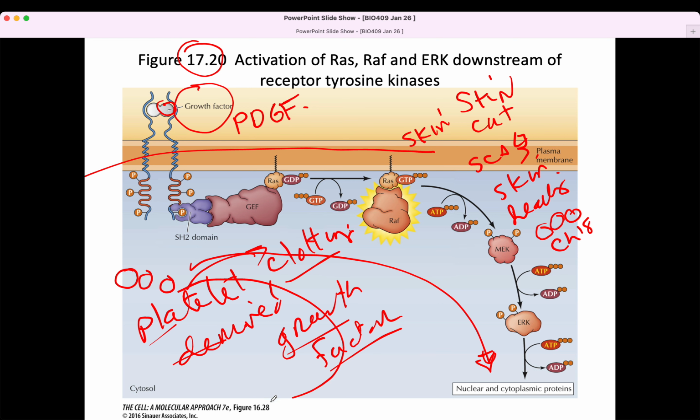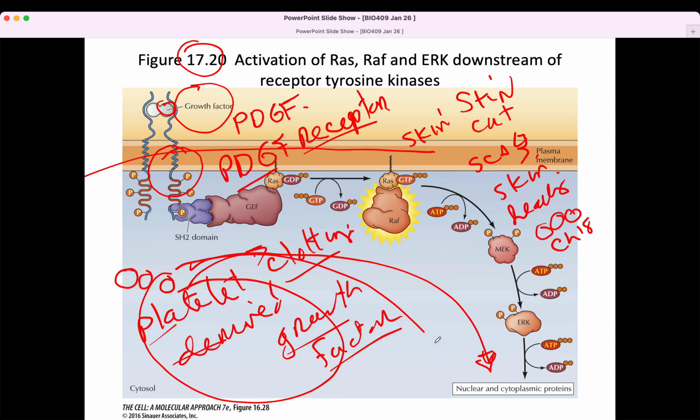They also release PDGF. The PDGF doesn't go into skin cells, it binds at the cell membrane to a protein called the PDGF receptor and activates the receptor on the skin. And then this signal transduction pathway takes place, and the skin cells are stimulated to grow and heal.